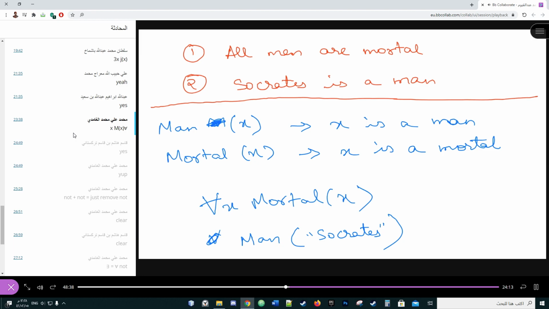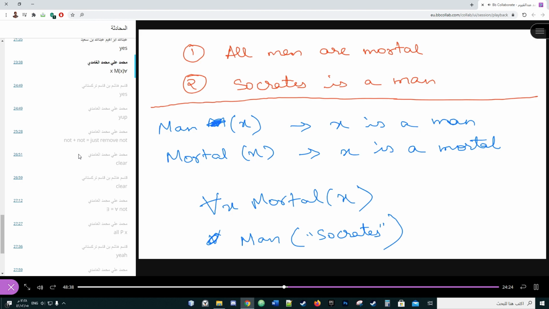So we have Socrates is a man in the second one, and then all men are mortal. For all x, no, I'm sorry, we have to say if x is a man, then x is mortal. So we have for all x, if x is a man, then x is mortal. Okay, so this is another example. Is that clear?